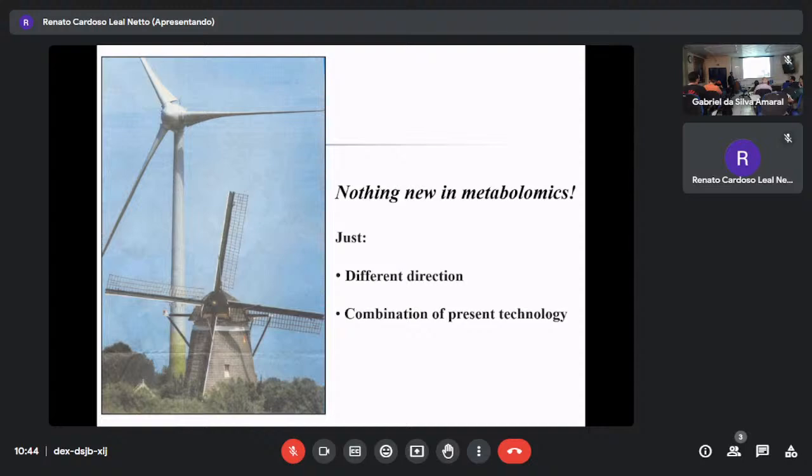Second, I don't care about the mass, I don't care about the NMR, I don't care about the IR, but my goal is to know, or even more, the scientific question. So you don't have to stick to one method or one metabolite, but you have to stick to your formulated question.